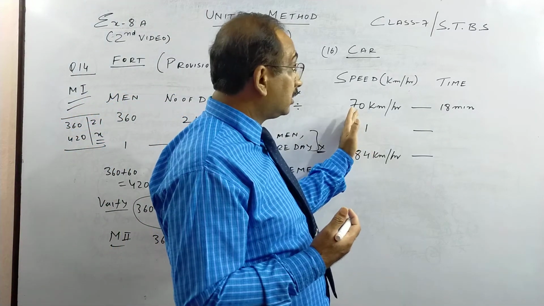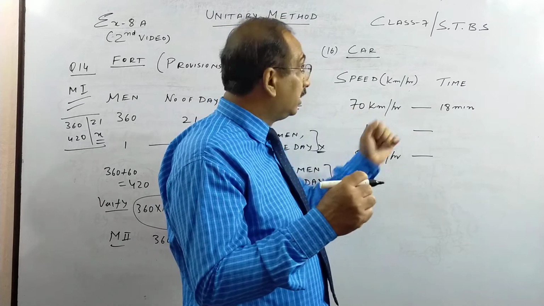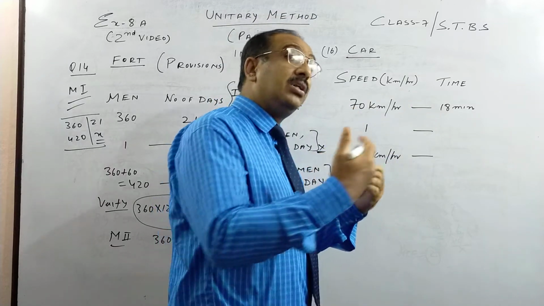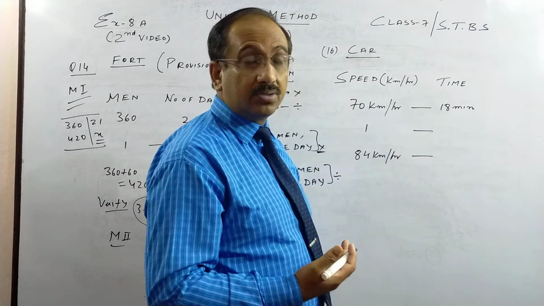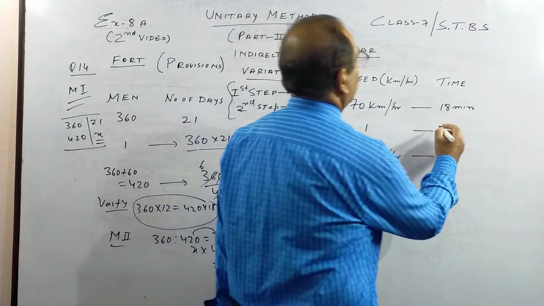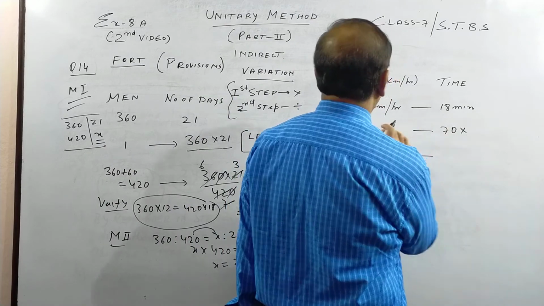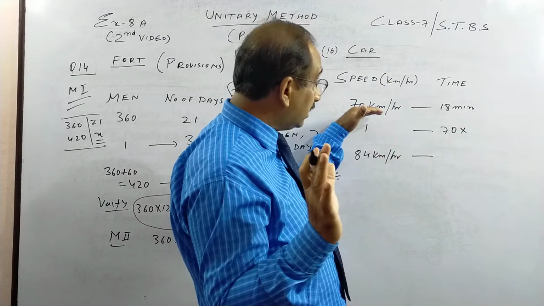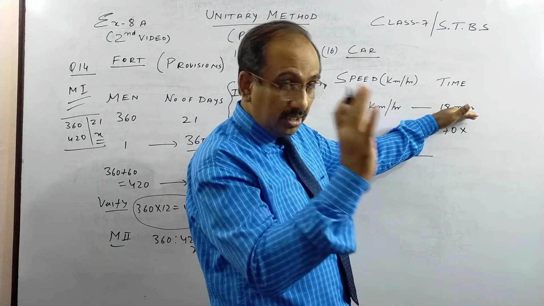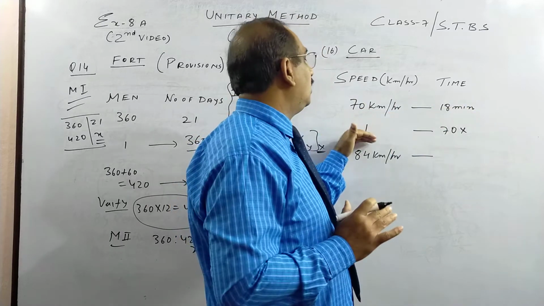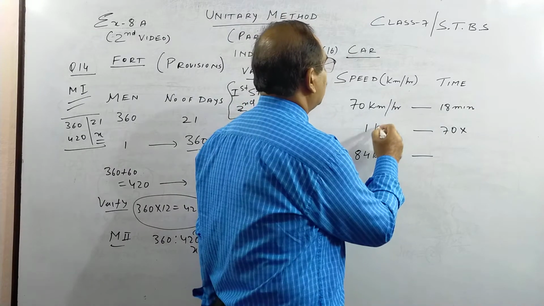So here, a car going at 70 kilometers per hour takes 18 minutes. At 84, you increase the speed, so time will be less. So this is inverse variation. See, a very interesting thing: at 70 kilometer speed, the car reaches that distance in 18 minutes. I reduce it to 1 kilometer per hour, children.